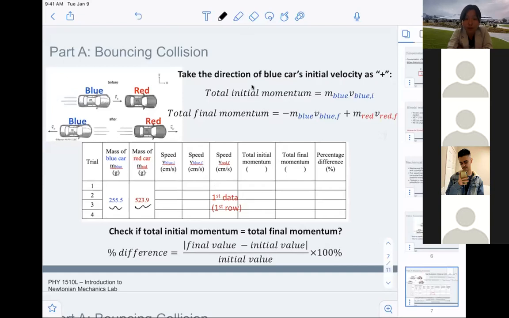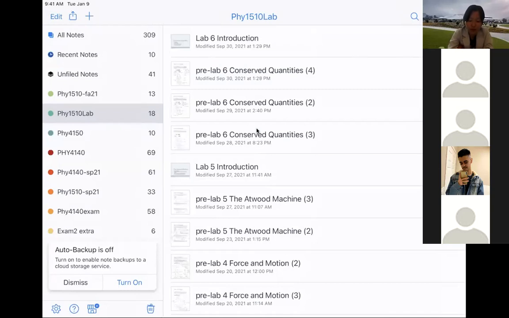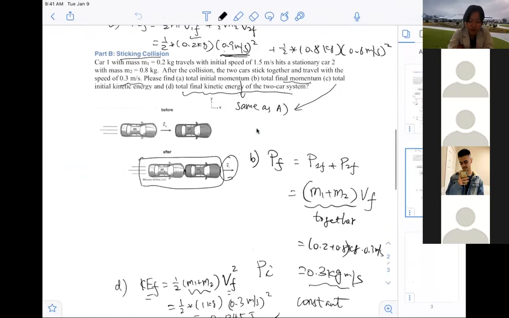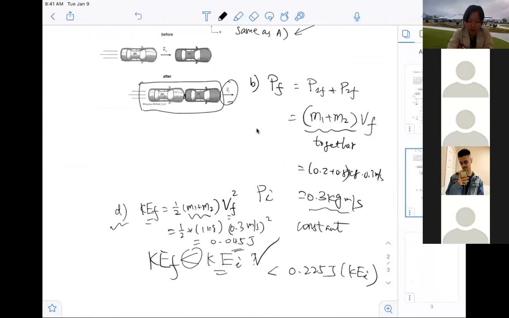Professor? Yes? Actually, could you do the kinetic energy for part B on the pre-lab? You mean this one? Oh, okay. So you did both of them?